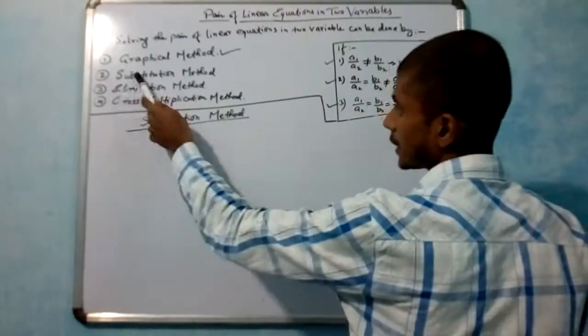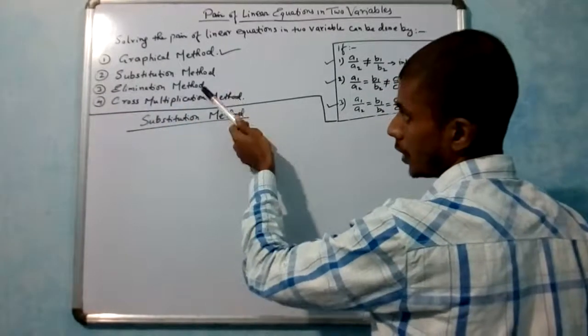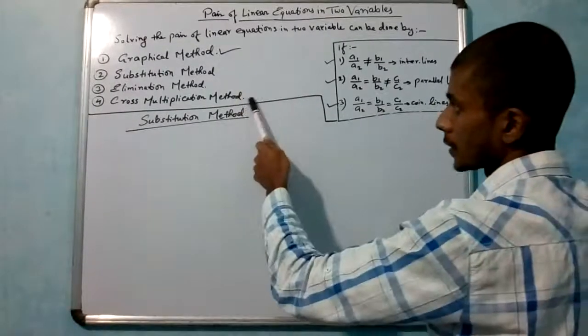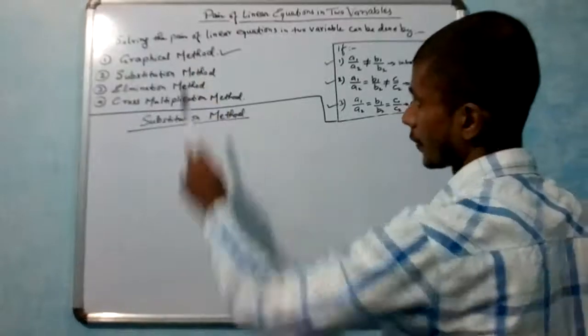So these three are called as algebraic method of solving pair of linear equations in two variables. The substitution method, the elimination method, and the cross multiplication method are known as algebraic methods, and this is the graphical method.